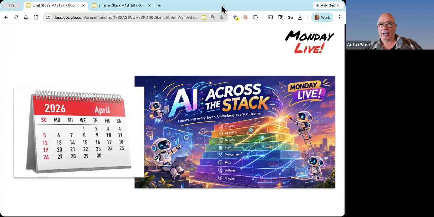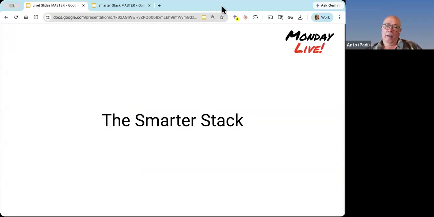So we're talking about AI across the stack. We really need to start with what the smarter stack is all about. About 4 years ago, towards the end of 22, we really wanted to find a way of organizing all of these things.